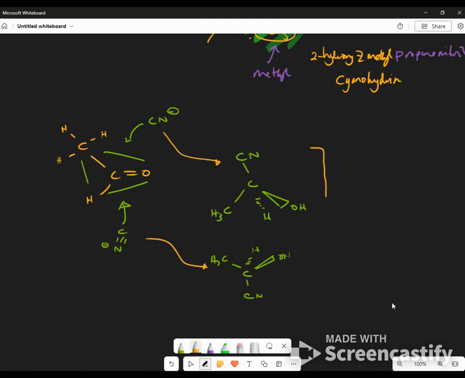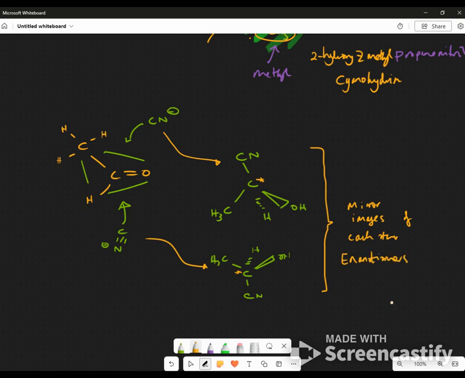Now, if you see this, good for you, but these are mirror images of each other. Each other. So there's a chiral carbon and there's a chiral carbon. These are two enantiomers.